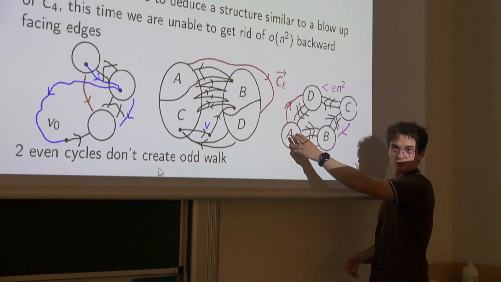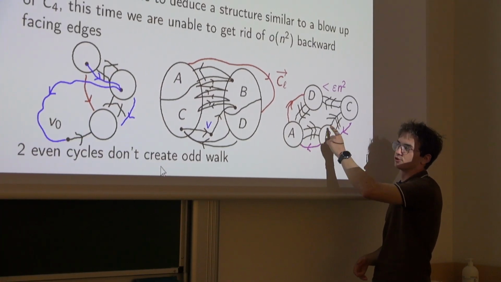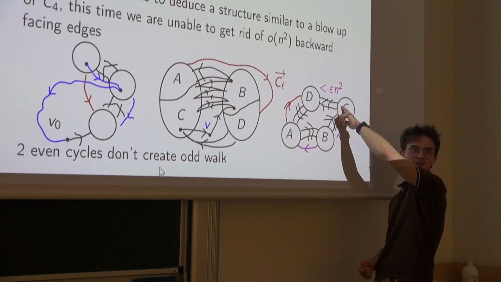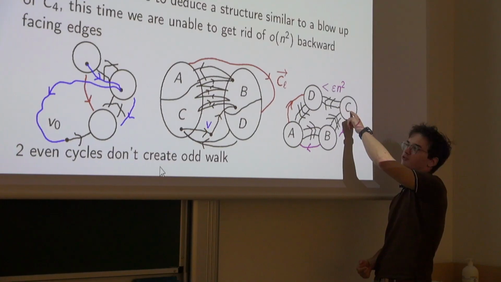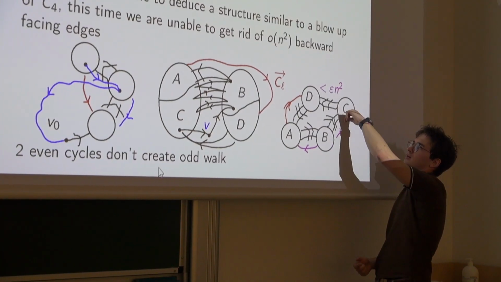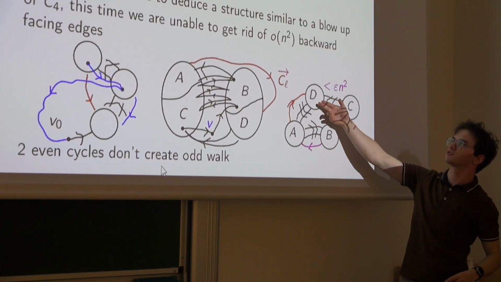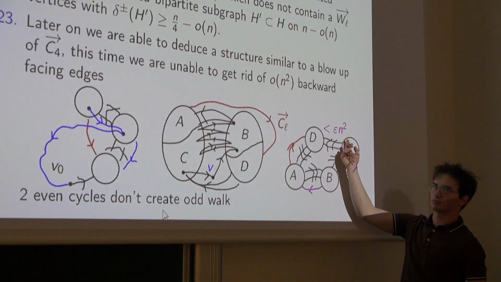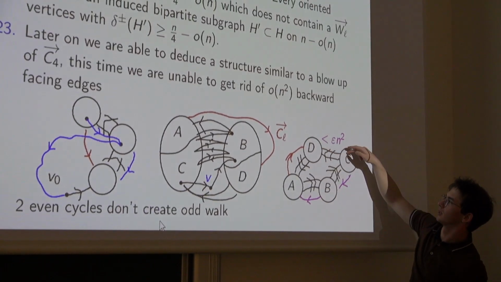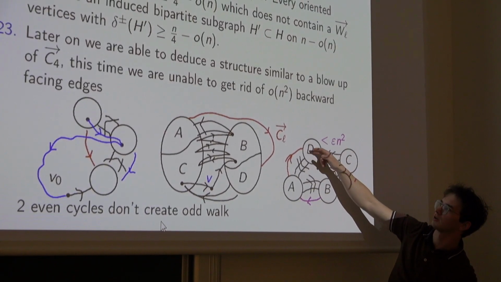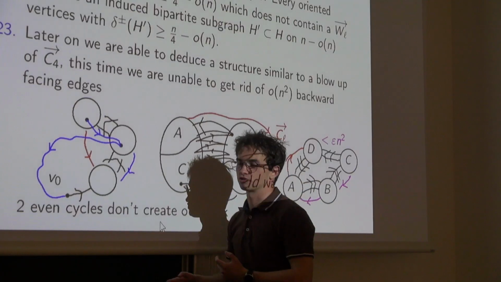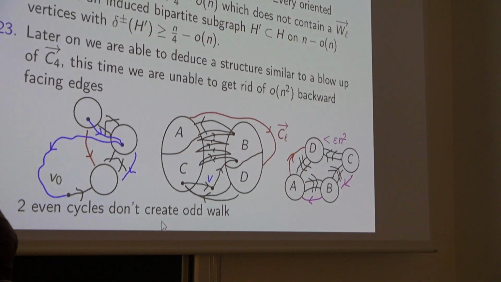With this reasoning, as there are few edges going from B to A, there must exist a lot of edges going from B to C. So there must be few edges going from C to B, hence a lot of edges from C to D. And you cannot have many edges from D to C, so we must have a lot from D to A. That's basically how we get this structure using more careful reasoning, and that's just a sketch of it.